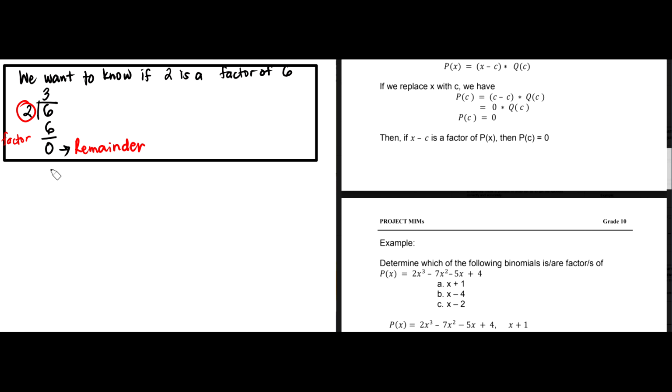Let's try letter A. So your p of x is equal to 2x cubed minus 7x squared minus 5x plus 4.